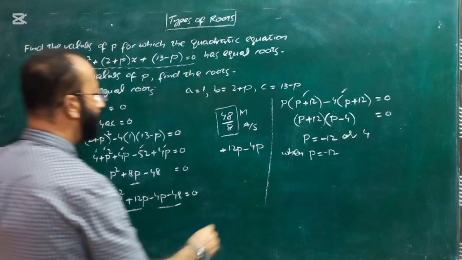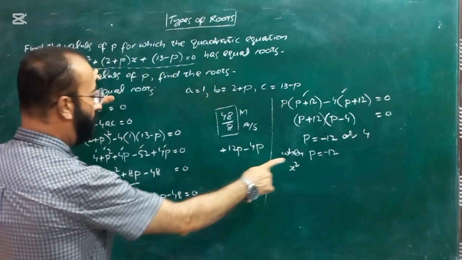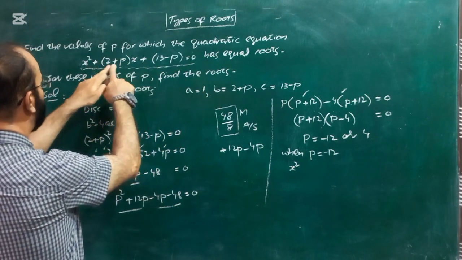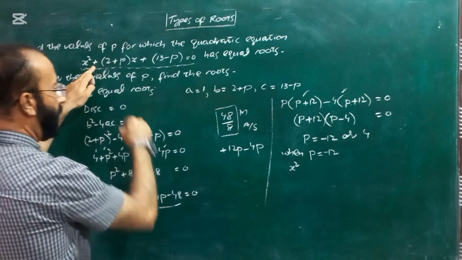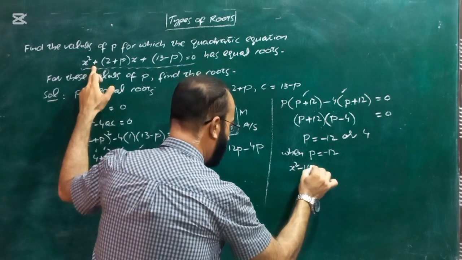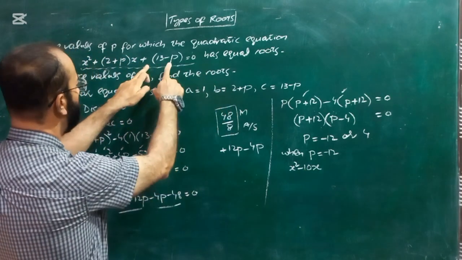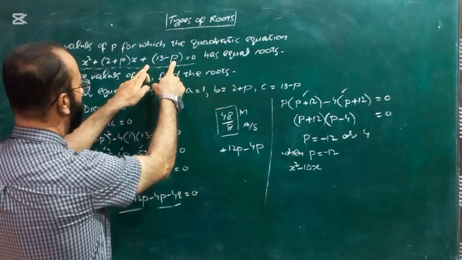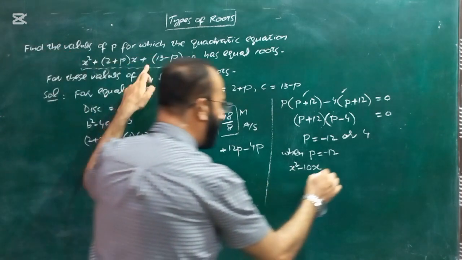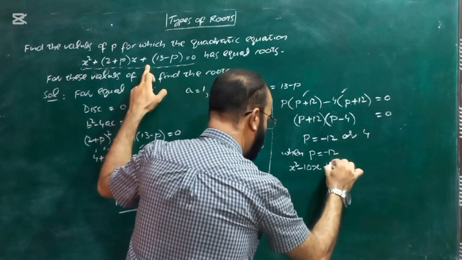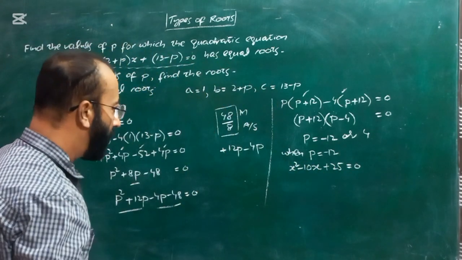So x square, p is minus 12, so minus 12 plus 2 is minus 10, so minus 10x, and p is minus 12, so 13 minus minus 12 is plus, this will be 25, so plus 25 equal to 0 as it is.